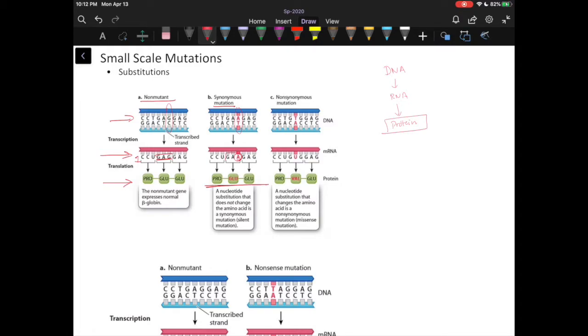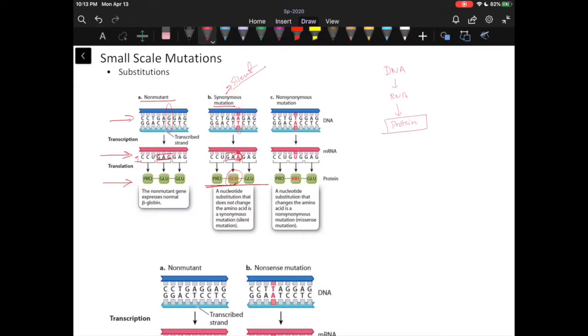In this case, our GAG and our GAA, if we look them up on a codon chart, would both code for glutamine. That gives you an overall same amino acid sequence, so that doesn't have any effect. Synonymous mutations have no effect. It is often known as a silent mutation because you don't notice a change.